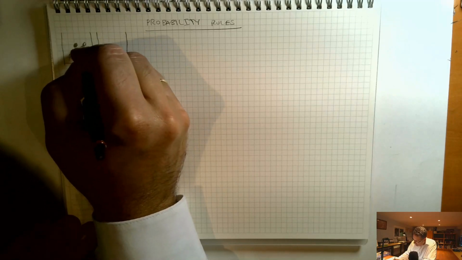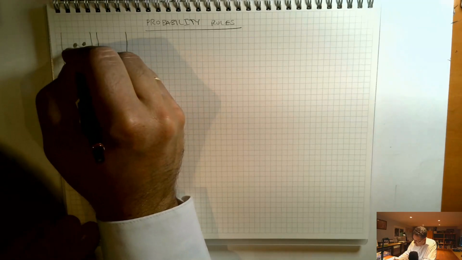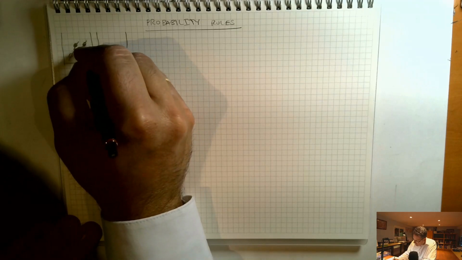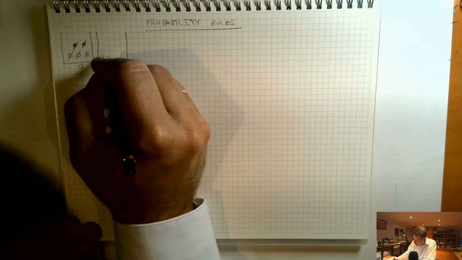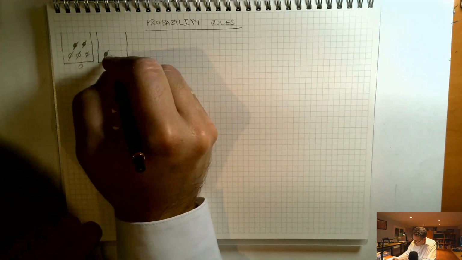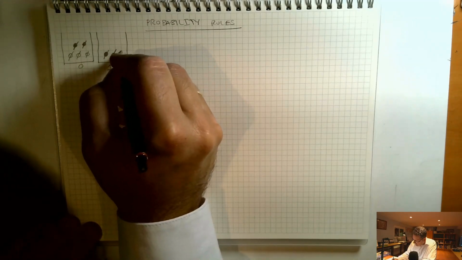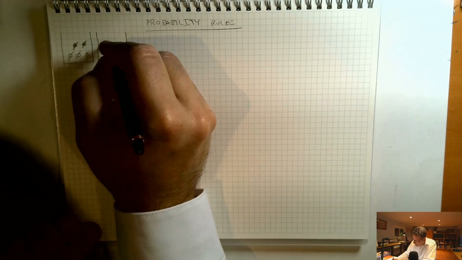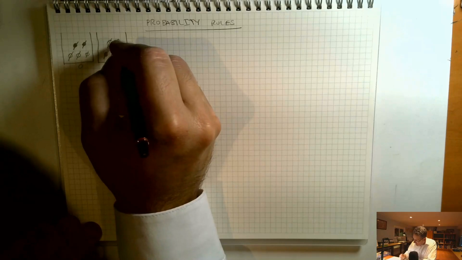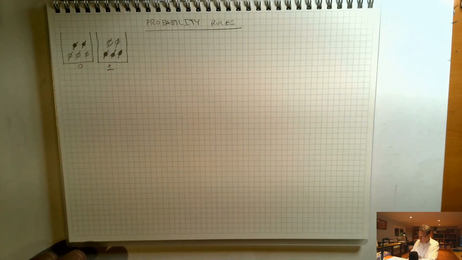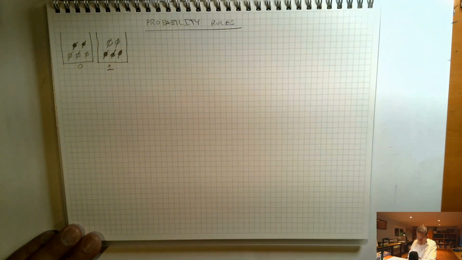One is a black widget, and the other type is a white widget. It doesn't really matter how many at this point. We don't really count the widgets to learn about these rules.